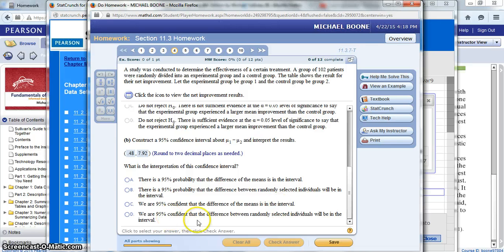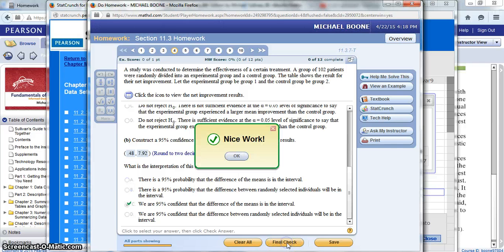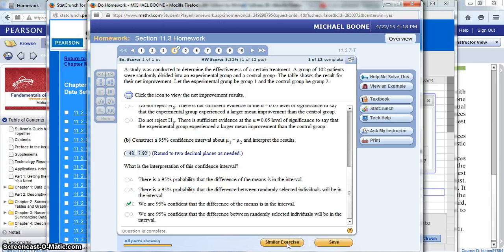So again, we're making an inference about a mean or the difference of the means, and so we'll pick that one. So these are the ideas for section 3, independent samples.